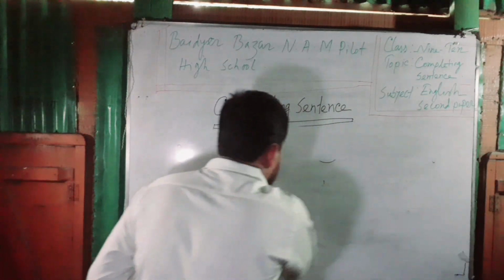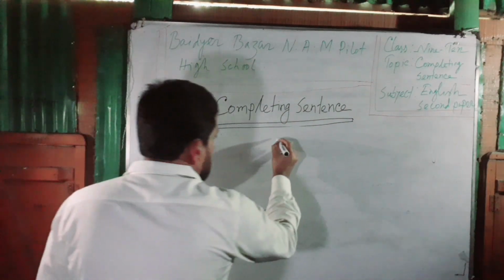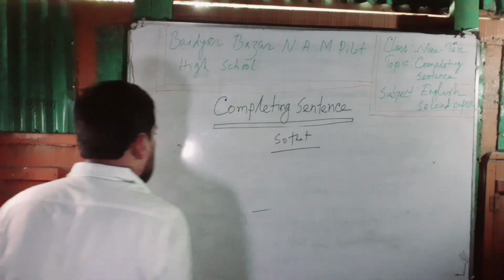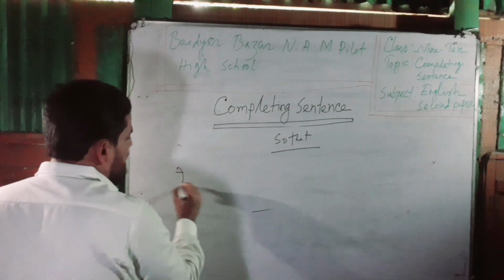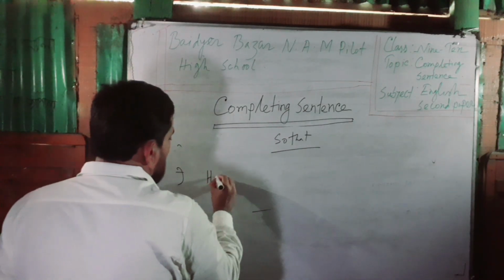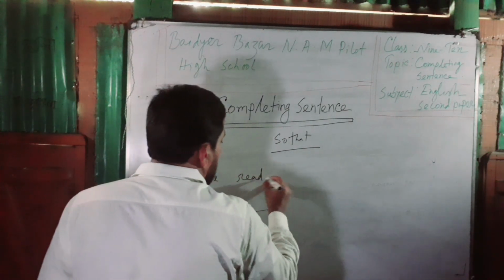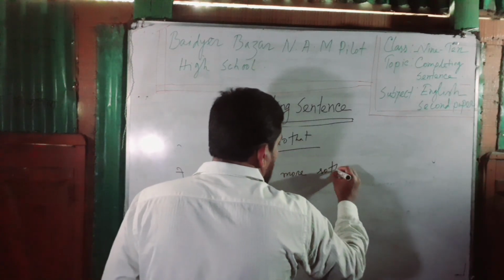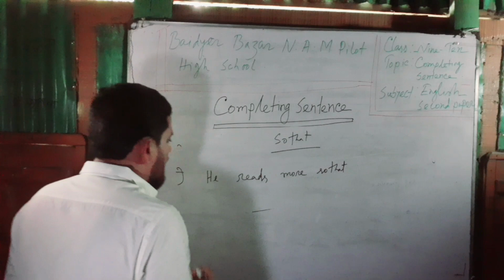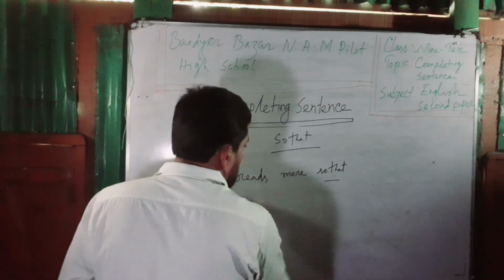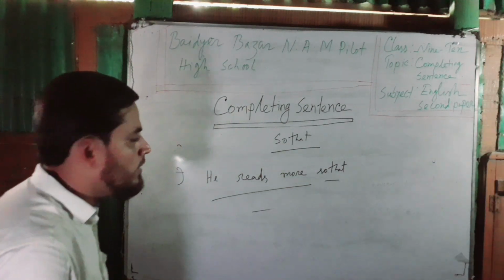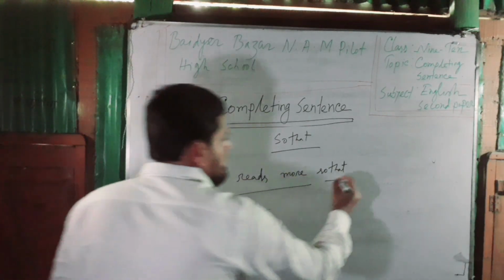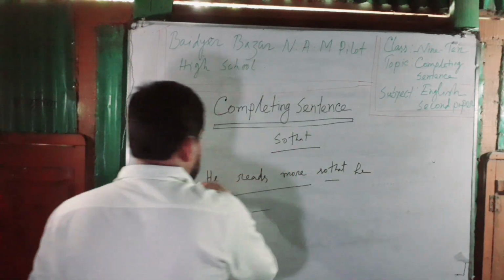So next, if we want to complete any sentence by using "so that", now he reads more so that. So now we can see that there is "so that" after the sentence. How can we complete the sentence? He reads more so that, we will first write the subject he, as here it is he.